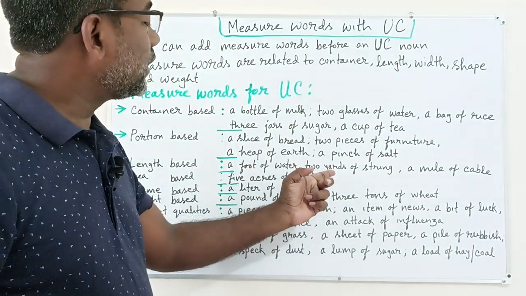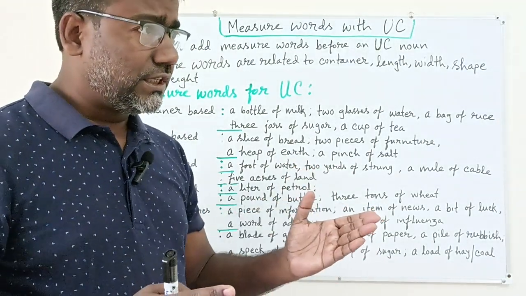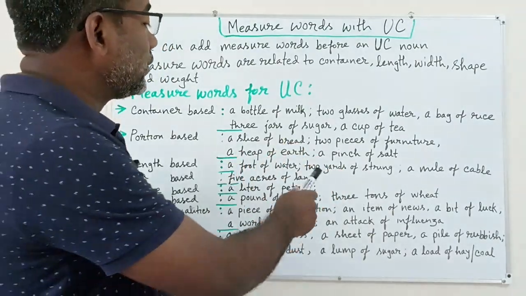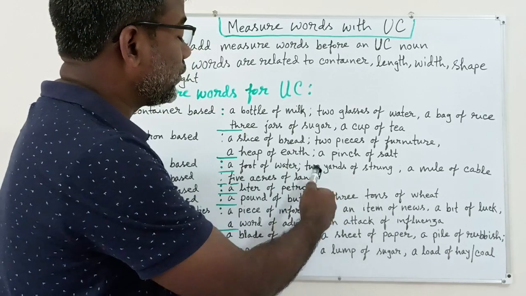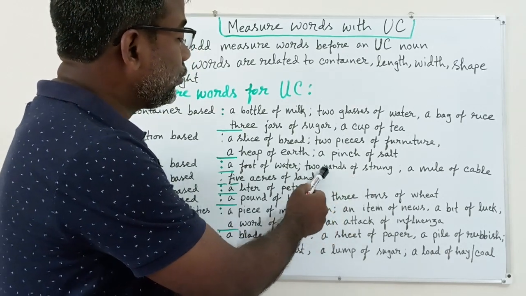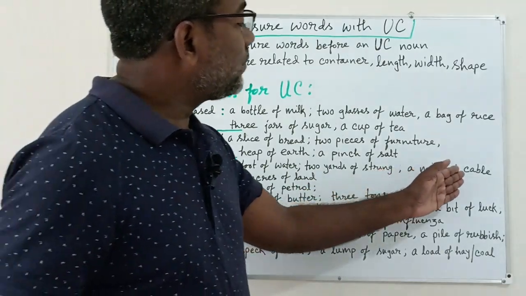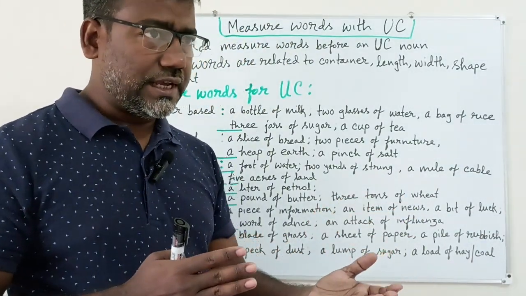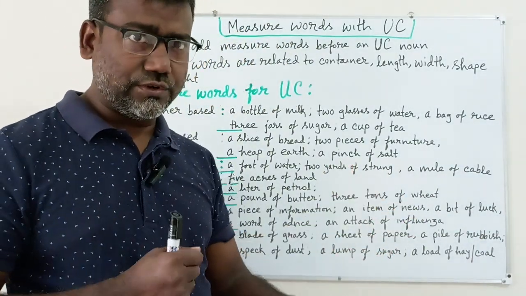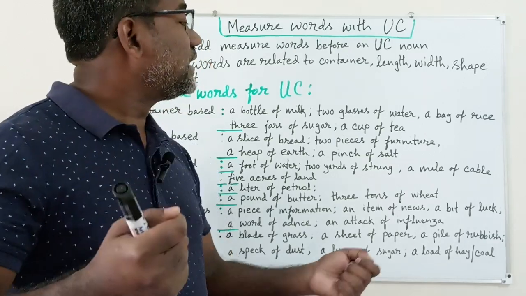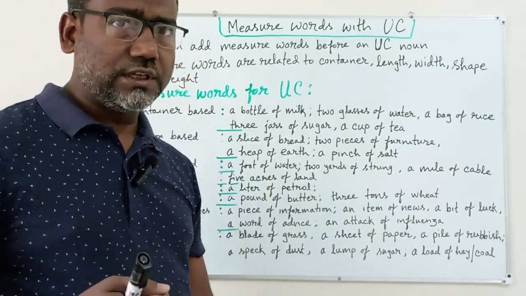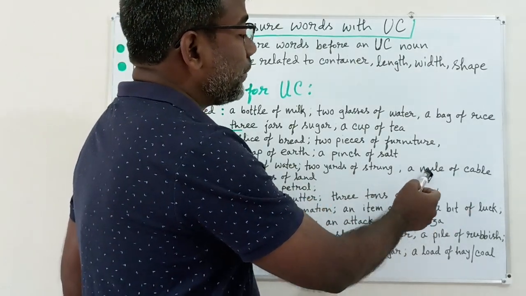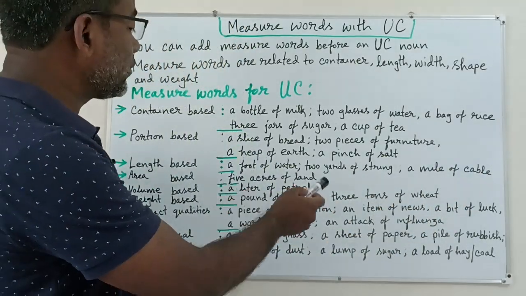A yard is equal to 3 feet. So yard is a unit for measuring length. 2 yards of string. A mile of cable. Cable is something like a string, but it is used for carrying electricity or network signals, maybe network cable or electricity cable. A mile of cable.